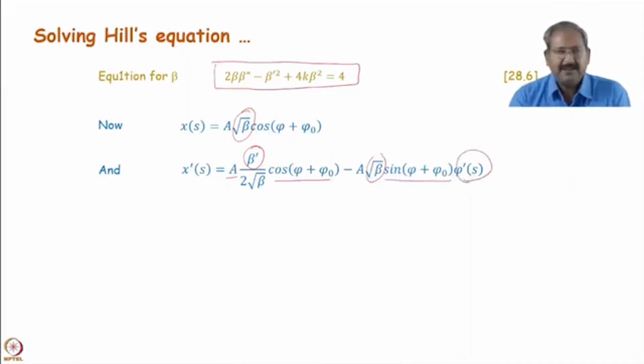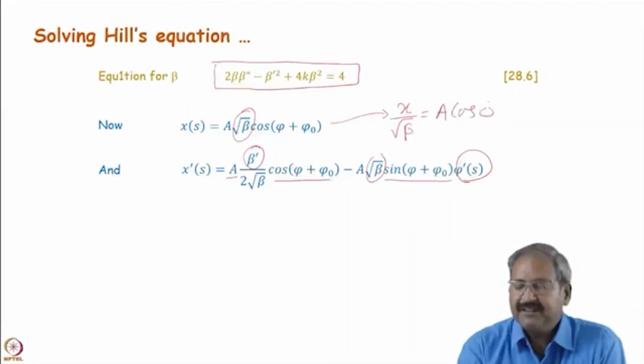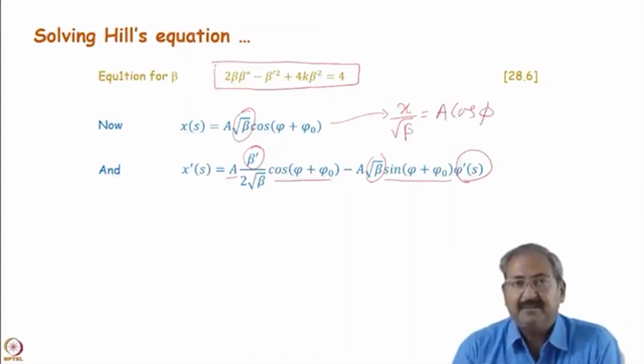Now d phi by ds we know is 1 by beta. Now what we are trying to do, actually, we have x upon a root beta, which is cos phi, just like the simple harmonic oscillator.